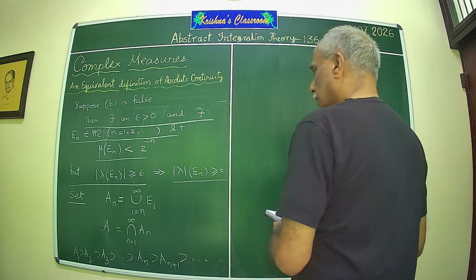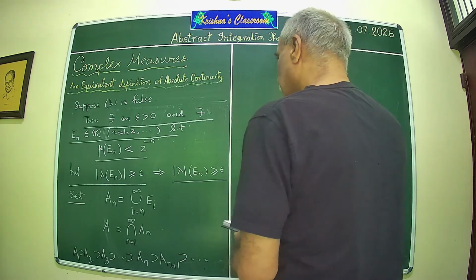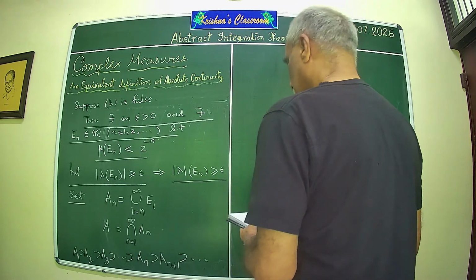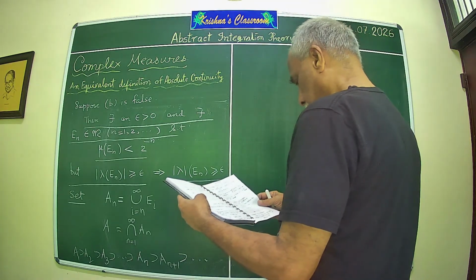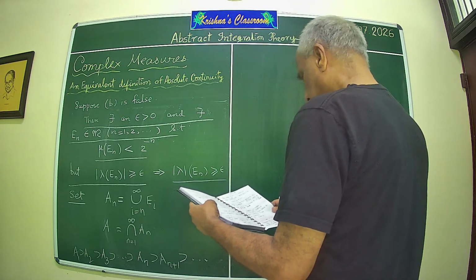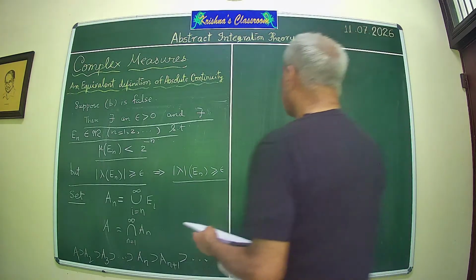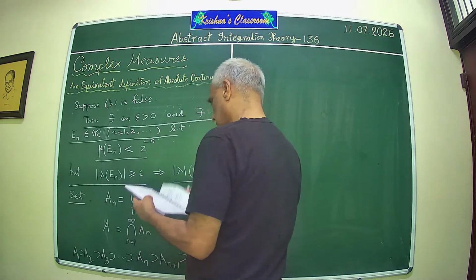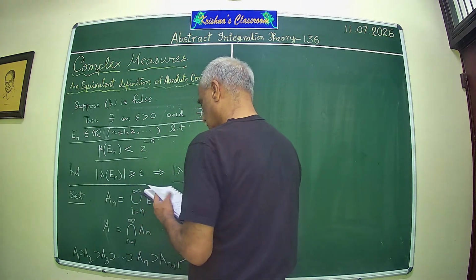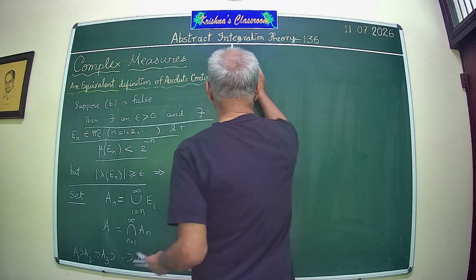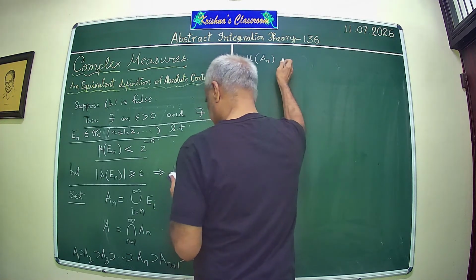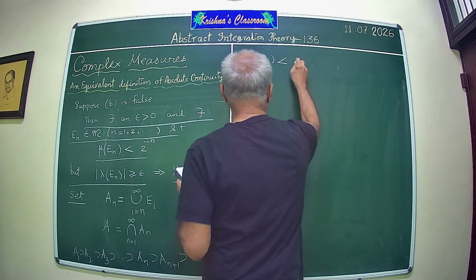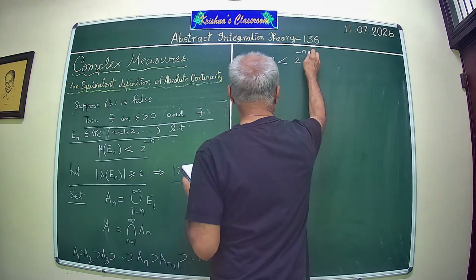So we have mu of An is less than 2 to the power minus n plus 1.